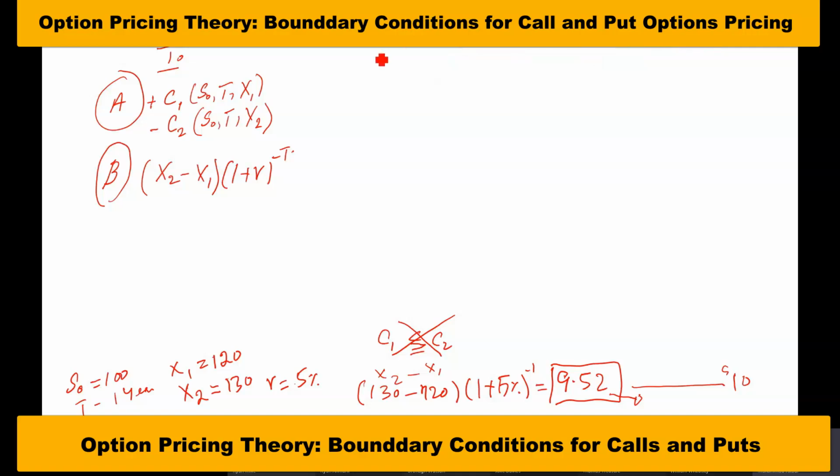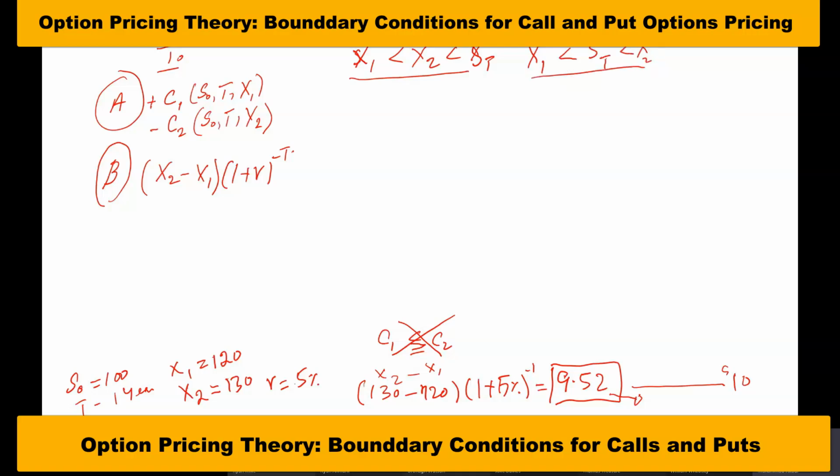So let's say the first possibility is that X1 is less than X2, which is less than ST. The second possibility is that X1 is less than ST, which is less than X2.